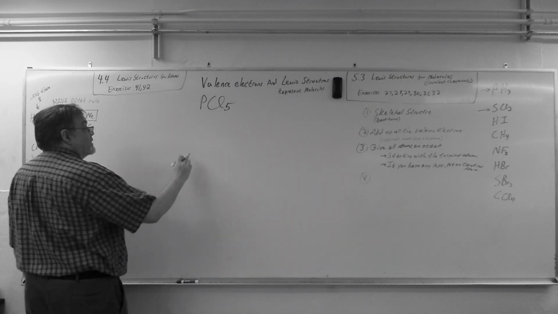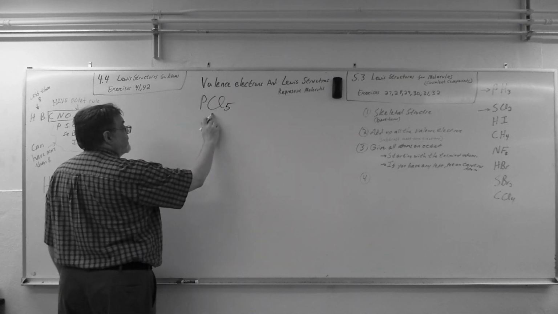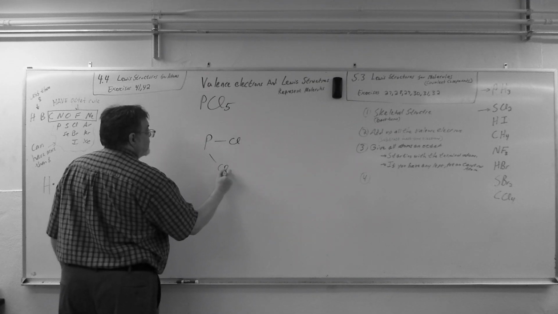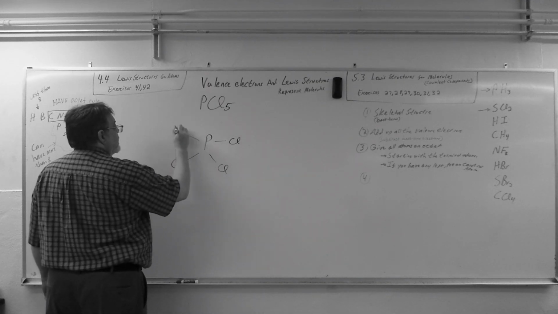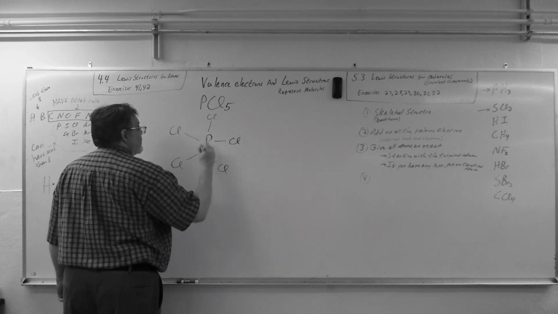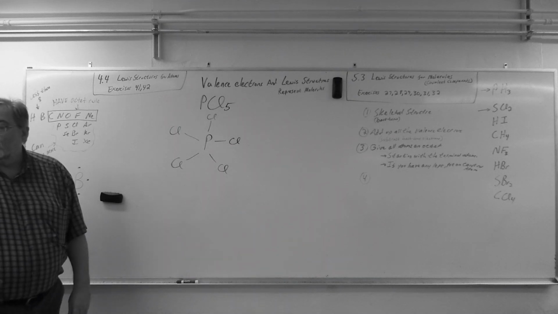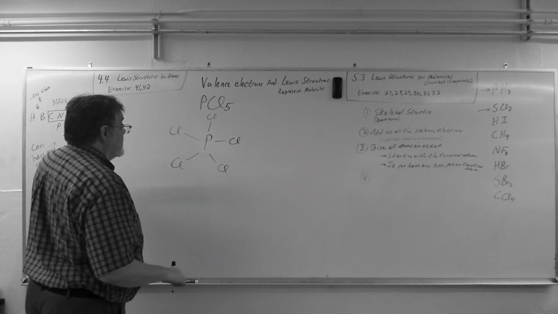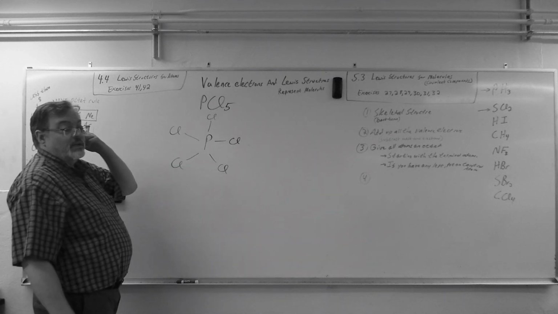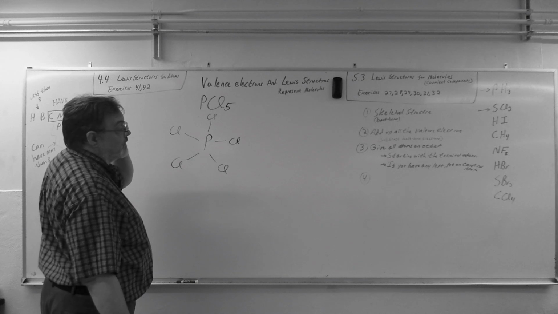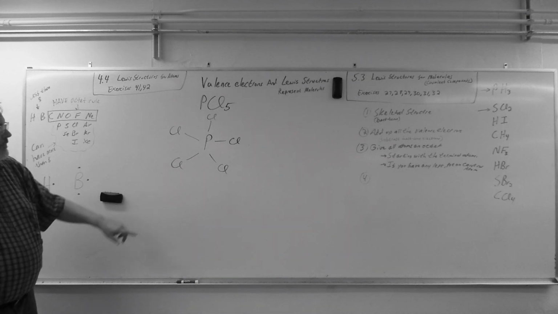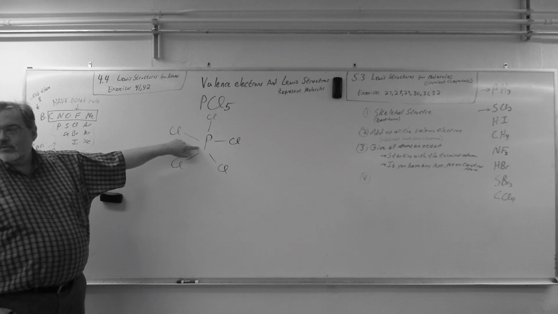If you follow the rules, that's the central atom, and these all come out from the central atom. 1, 2. That's already violating the octet rule for phosphorus. But it's in this group, so that's fine. Just following rules 1 and 2, you'll get here, and phosphorus is already violating the octet rule, but that's okay.